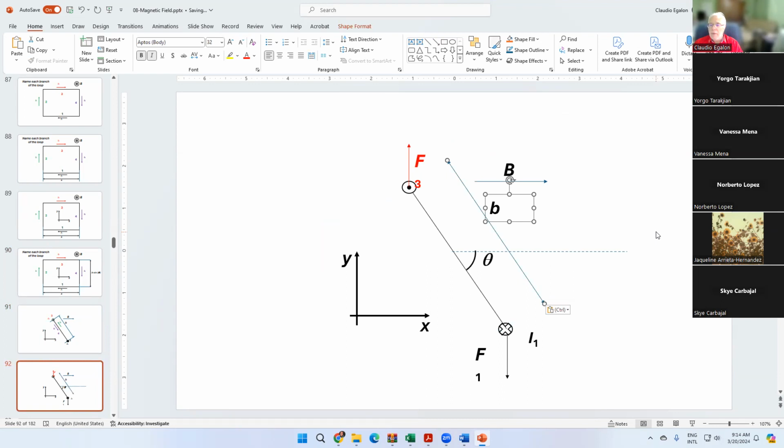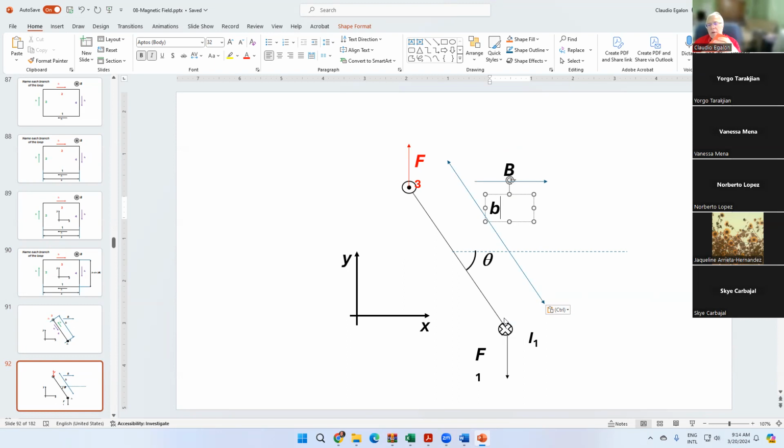So that's B. And this one here is going to be theta. And what we see in that other angular view is just the B sine of theta.